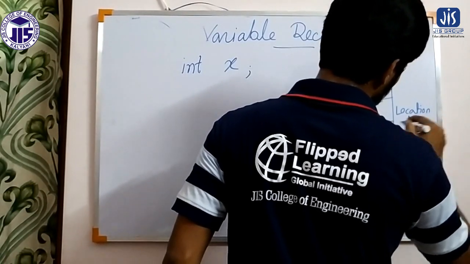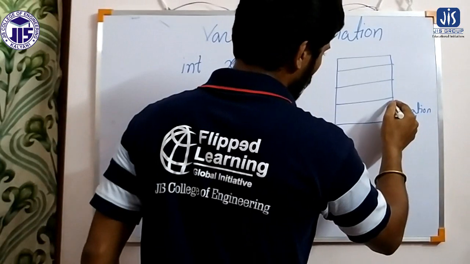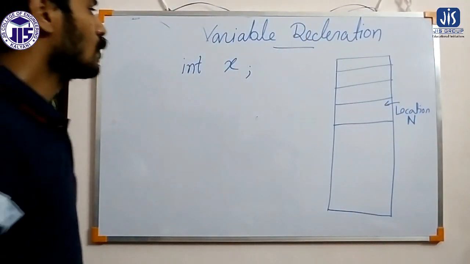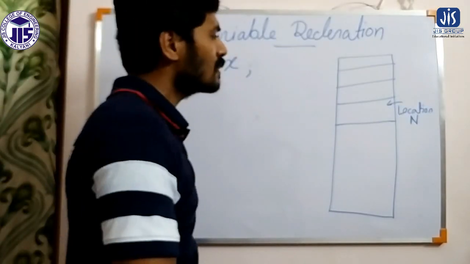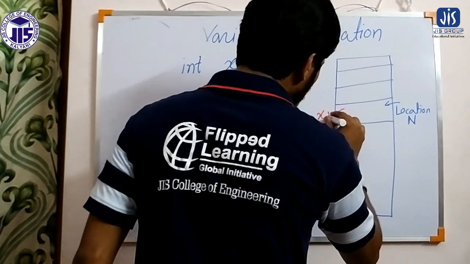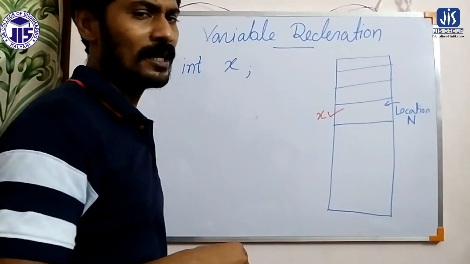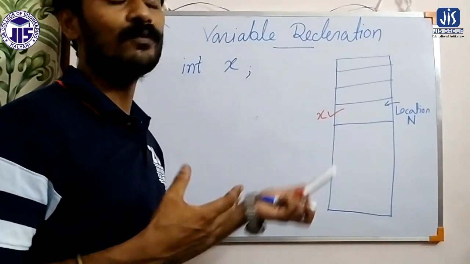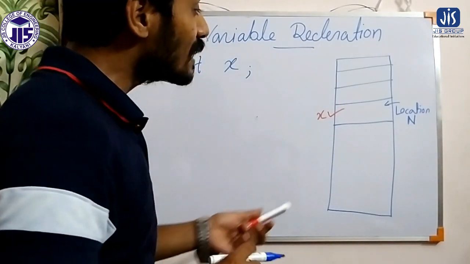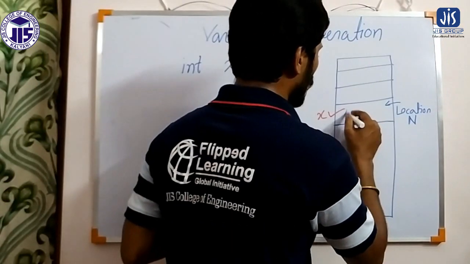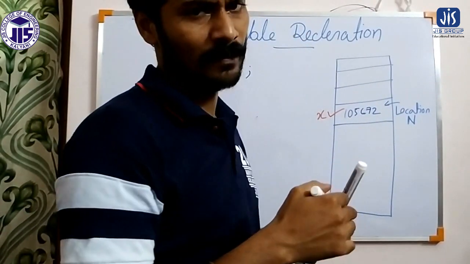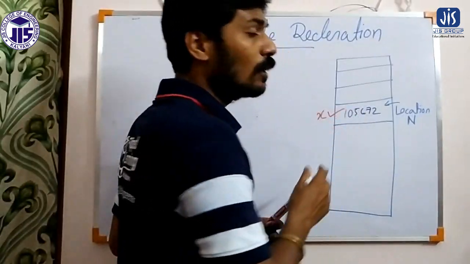If I write a variable integer x, the compiler has allocated this location for the x variable. Now this location may be free, or some values may be there. If there is any previous value, for example 105672, then that previous value is there. So this value will be called a garbage value.